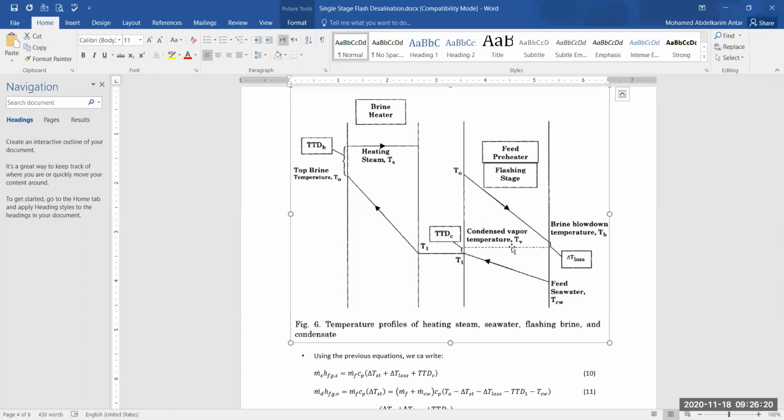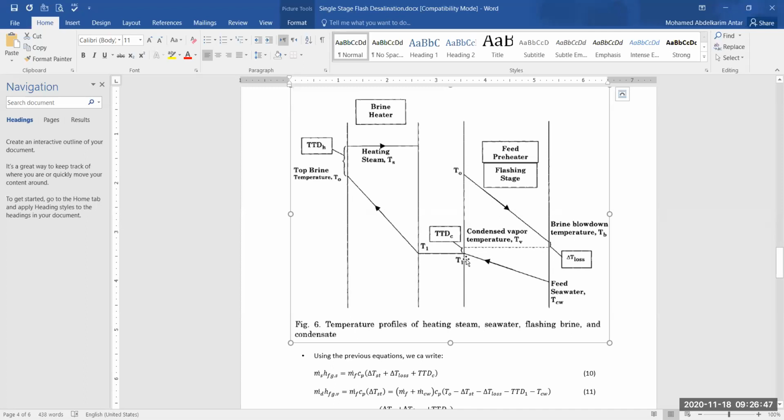38. Okay. And if this is 38 and the terminal temperature difference is 3, what's the value of T1? 35. Yes, so this is why I said that you need to know how to sketch this figure, because from the figure, without any calculations, we could come up with the unknowns TV and T1.